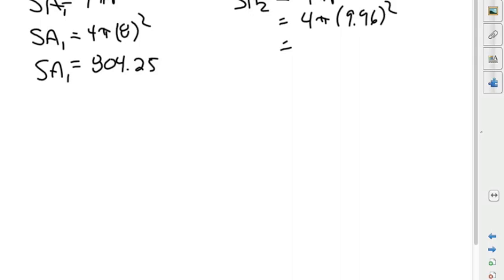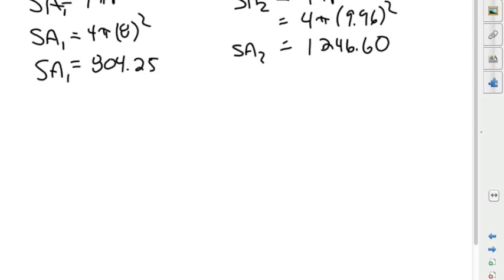Just plug in a bunch of numbers in a calculator. 4 times pi times 9.96 squared gives about 1246.6. That's fine.